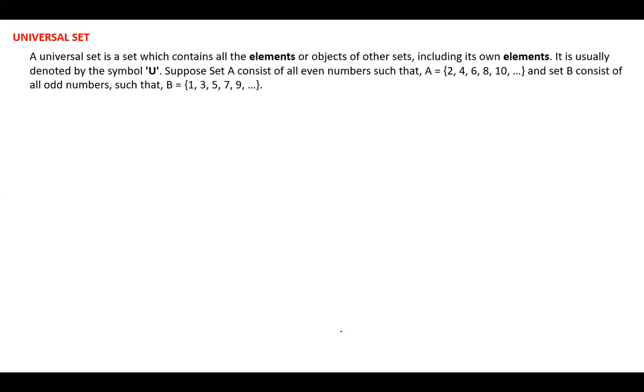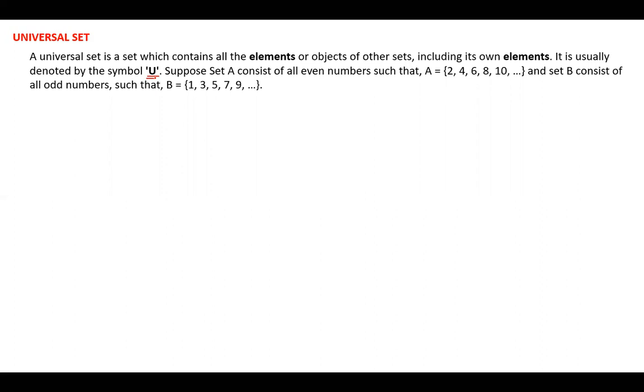It's usually denoted by U, but U is not the only letter that we use to denote the universal set. You can use any other letter. What you should know is that there is no formula in the world that you can use to find the universal set. There is no formula, it doesn't exist. So meaning you deal with such a set by using the inspection method.